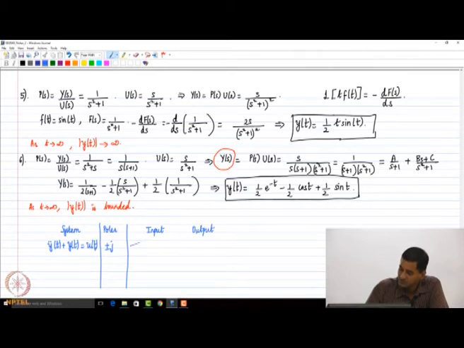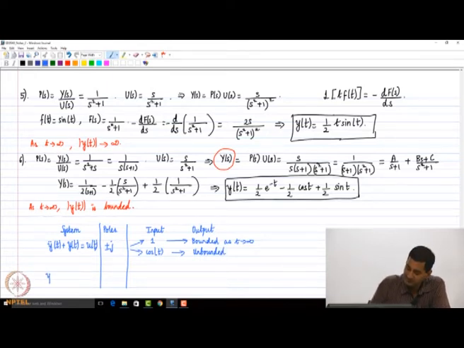When the input was 1, what was the output? Output was bounded, right, as t tends to infinity. Now for the same system, when the input was cos t, the output was unbounded, right?